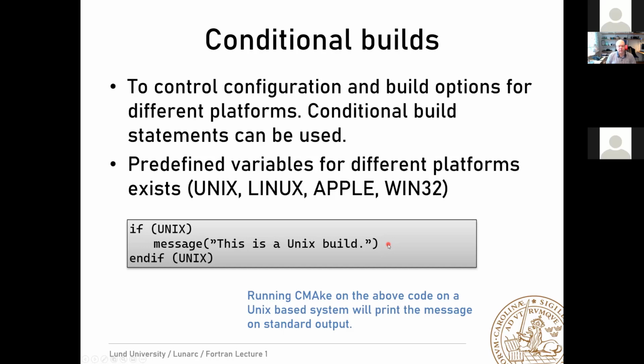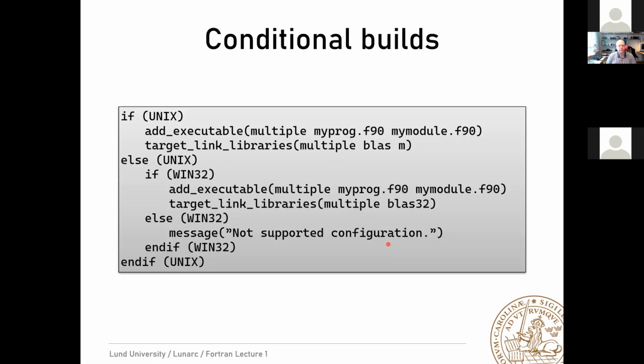On a Windows platform, this will not be displayed. You can use this to create very sophisticated build rules. For example, if UNIX, add executable, and I want to target link this library on Unix. If it's Windows, I will use a different name for my BLAS library. If it's something I don't know, I just print out that the configuration is not supported.